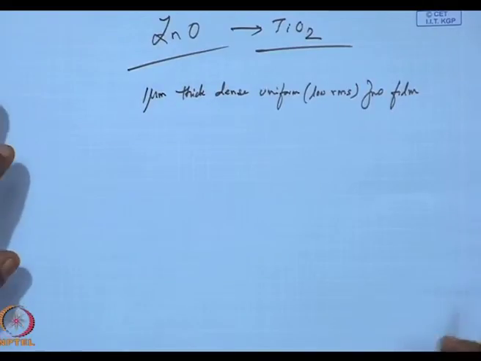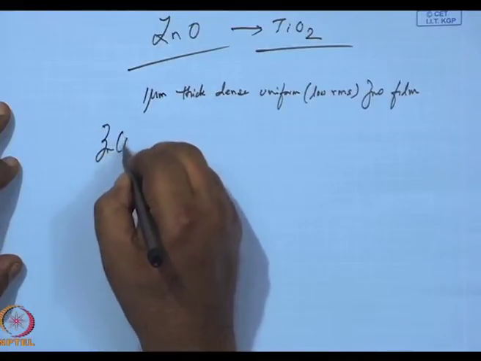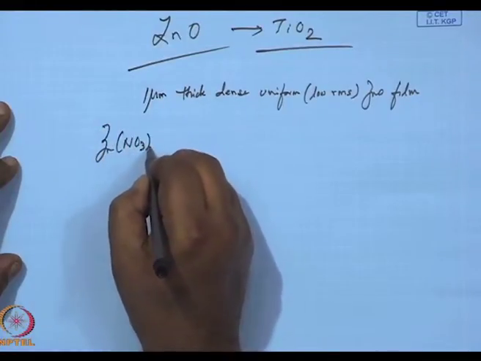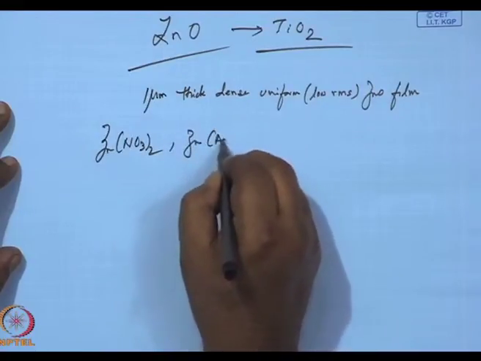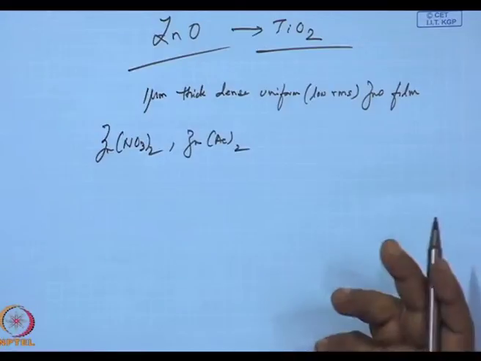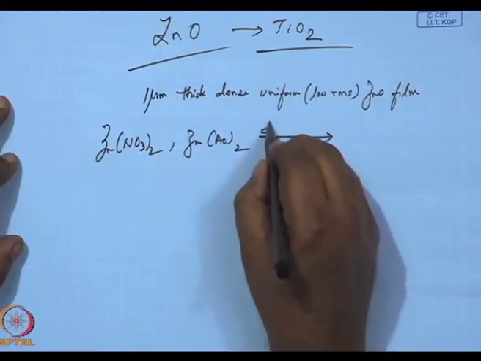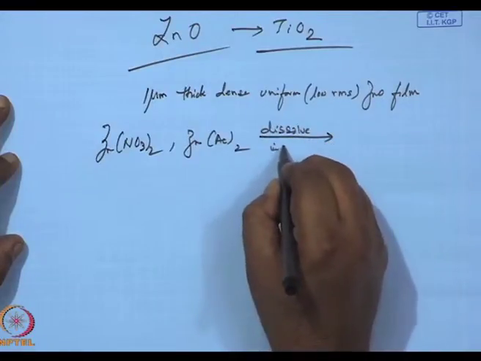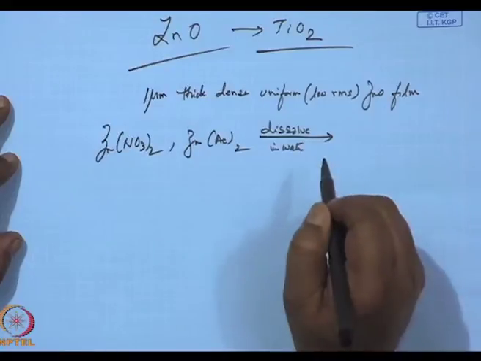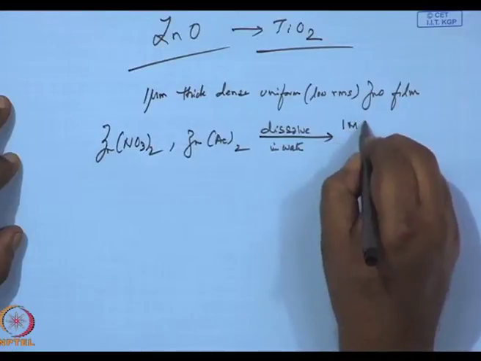I would choose a compound which is available in the laboratory, say zinc nitrate, zinc acetate, any of these salts, and dissolve it in water. If you ask me what the concentration is, should it be 1 molar?